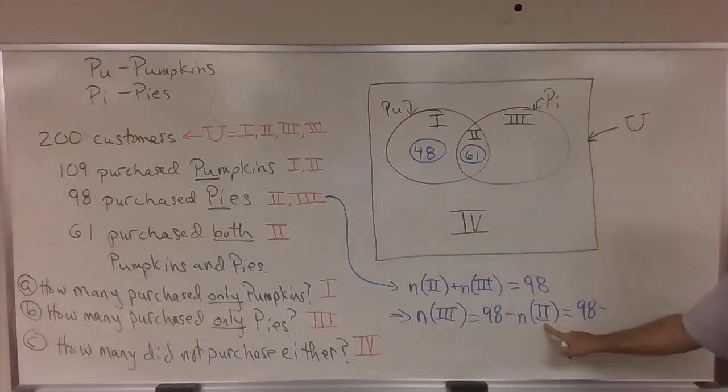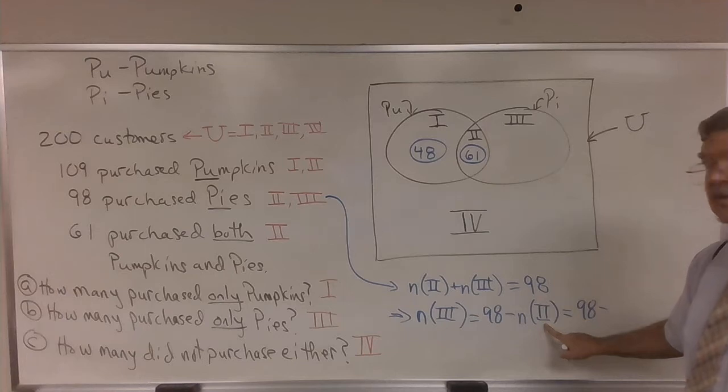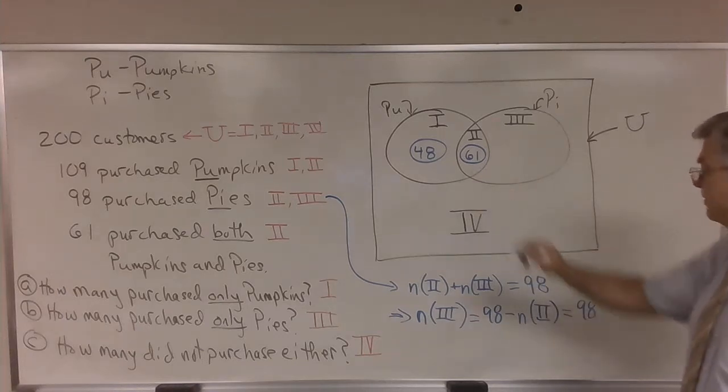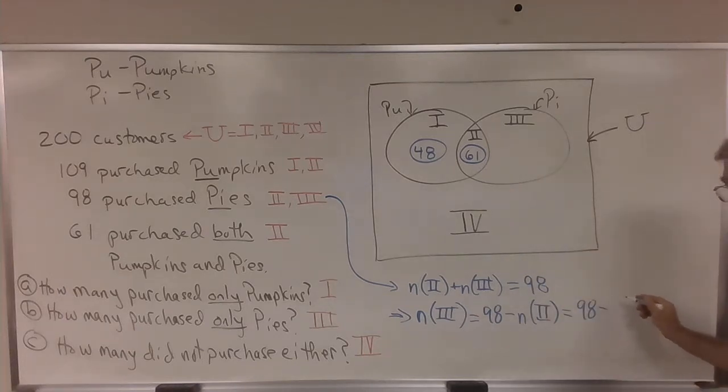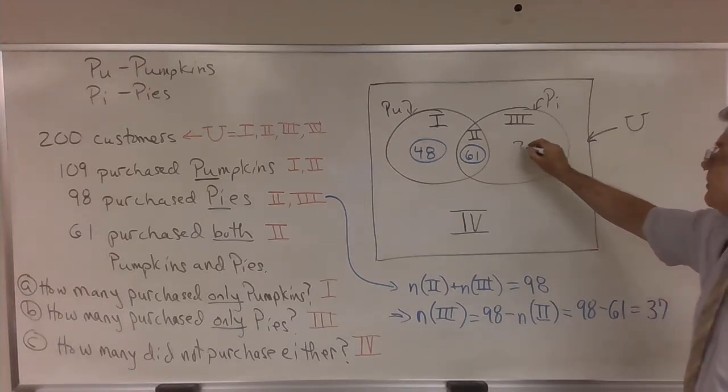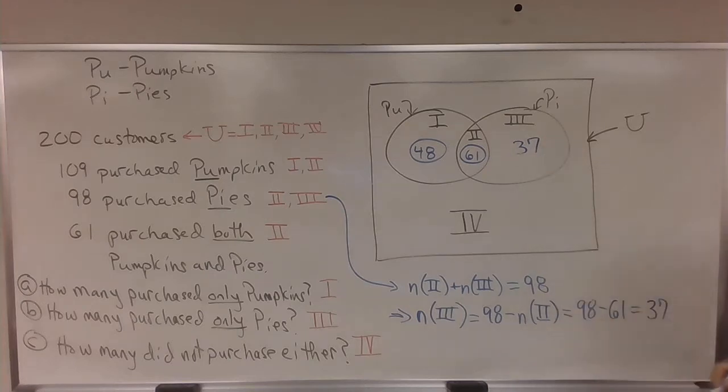And we know how many people are in region 2, don't we? 61 people. 98 minus 61 is 37, okay. 37 people are in region 3.